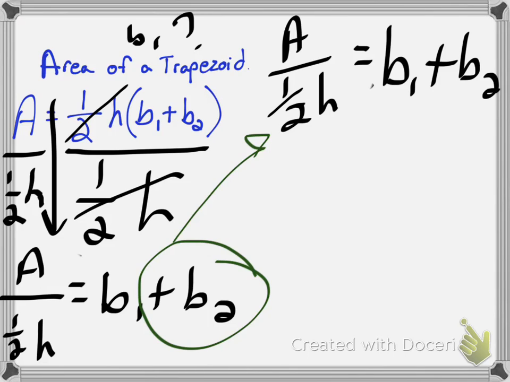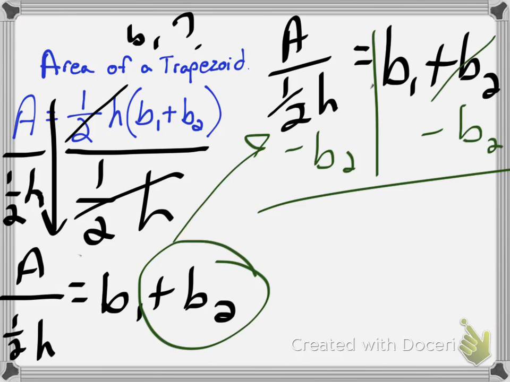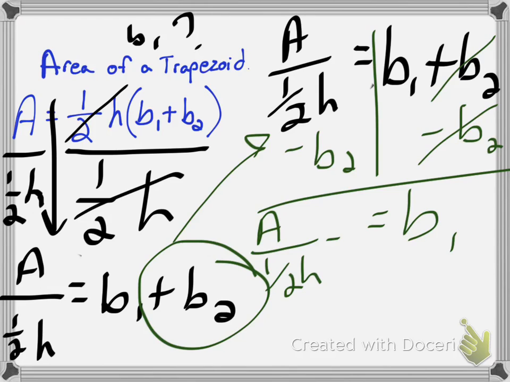There we go. Now I'm going to subtract B2 from both sides. These cancel out, and you get B1 is equal to A over 1/2 h minus B2. That's it. That's your answer. And that's a hard one. We won't have to do anything that hard in this classroom, but it really wasn't that bad as long as you take one step at a time. It just looks like a lot of work.